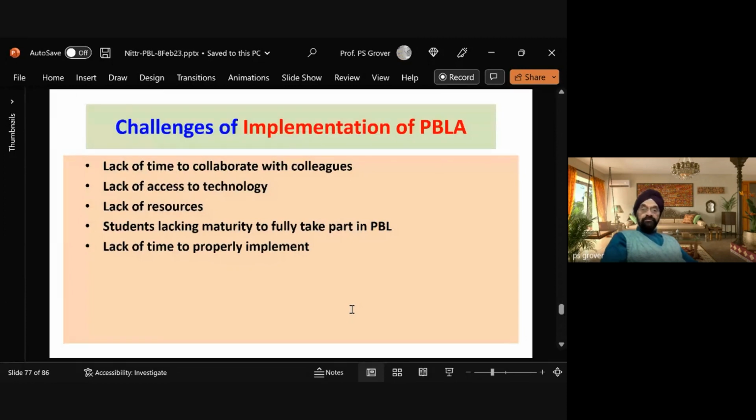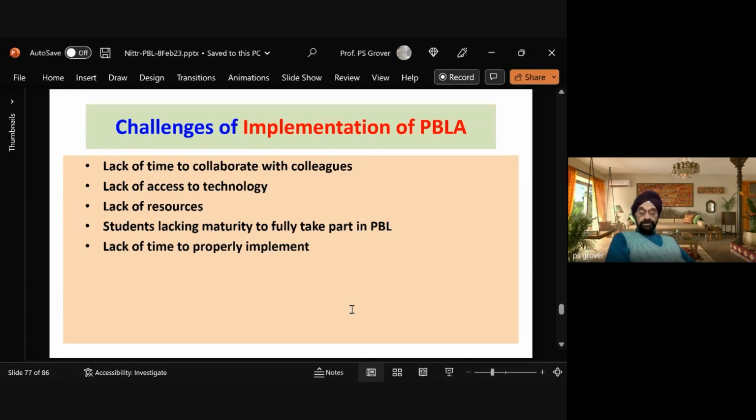The challenges of implementation of PBLA is lack of time to collaborate with colleagues. Let us say there's one teacher from computer science, one from civil engineering, and one from mechanical engineering, depending upon the type of the project. They may not have enough time to collaborate with colleagues of different expertise.